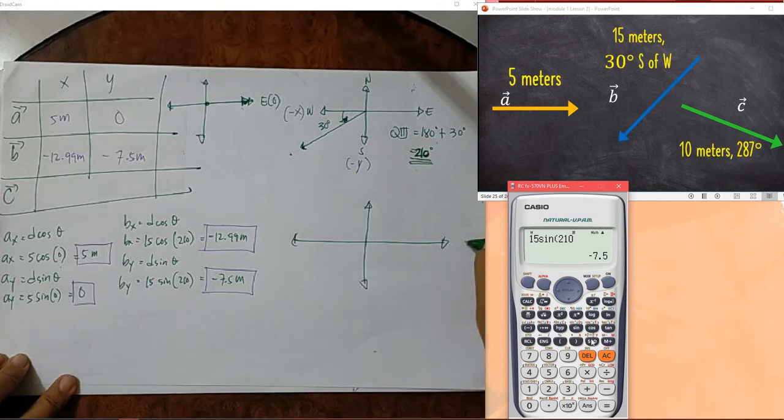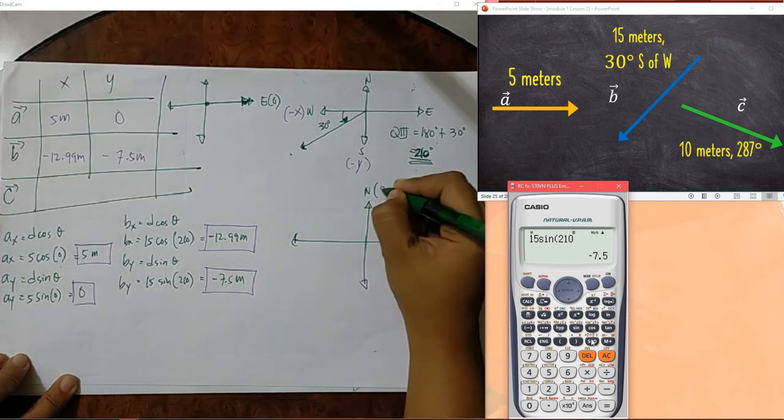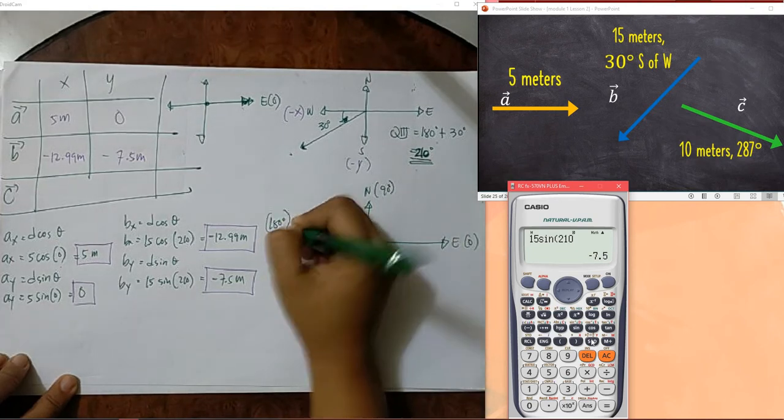So, for the east, we have 0 degrees. For the north, we have 90 degrees. For the west, we have 180 degrees.